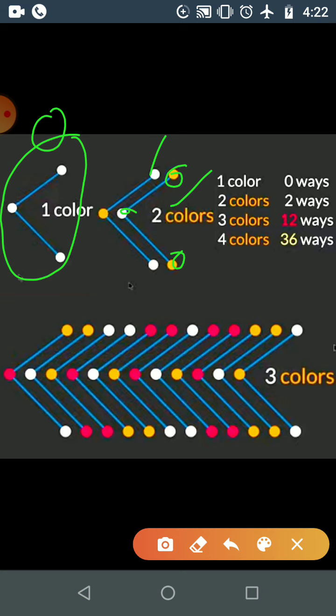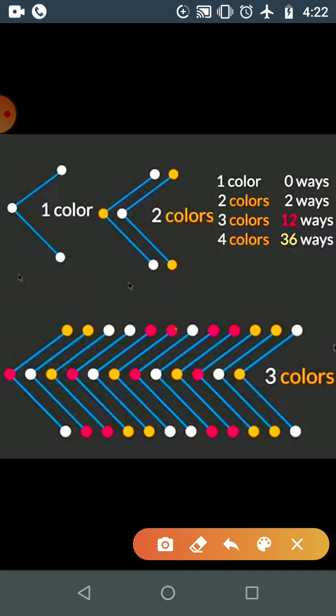And if you are given three colors, how many ways are there? If you are given three colors, these are the possible ways. Up to this one you are using two colors, and here three colors, so proper two-coloring and proper three-coloring, 6 and 6, this is 12.